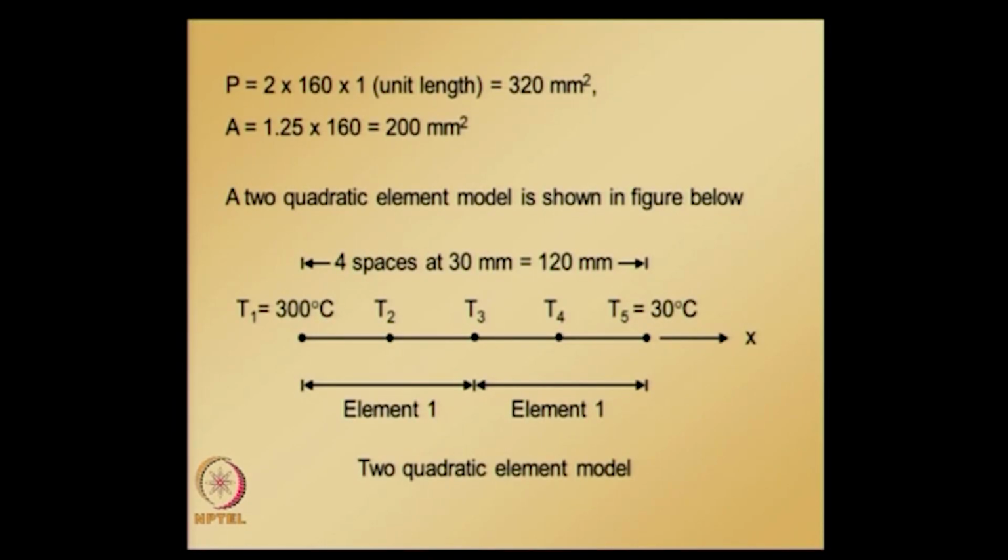So, the element equations for element 1 and element 2 are going to be identical. So, if we derive element equations for element 1, element 2 equations also look similar.